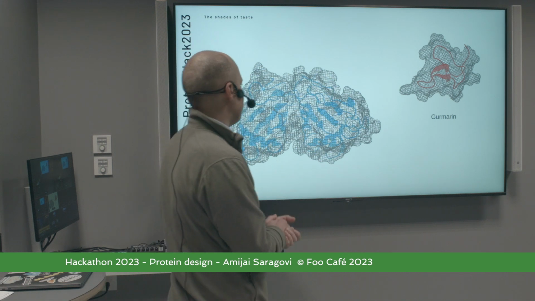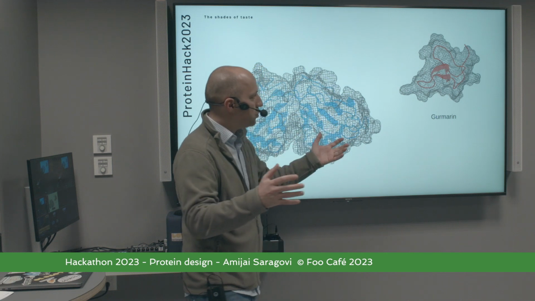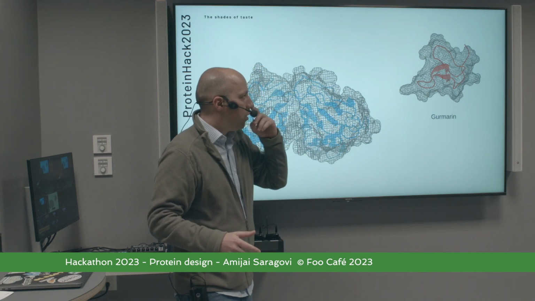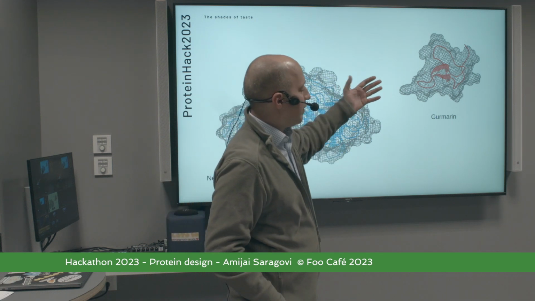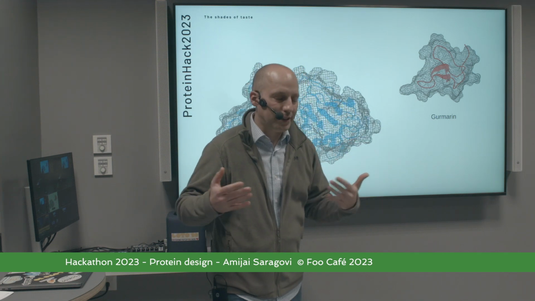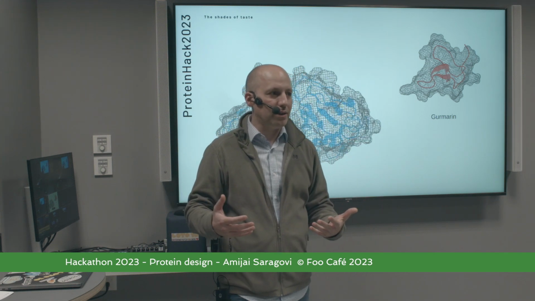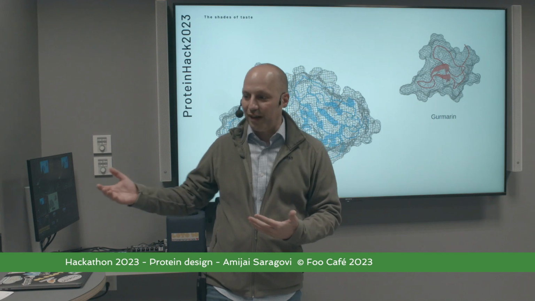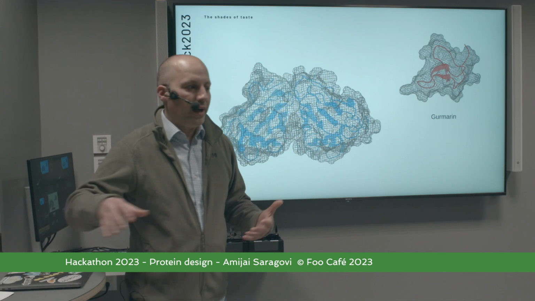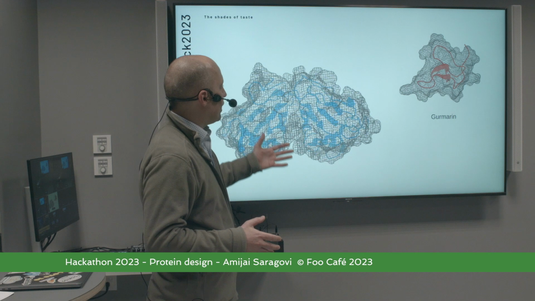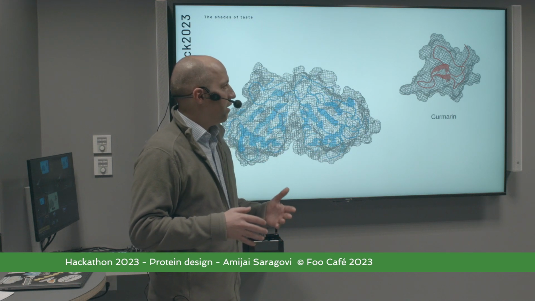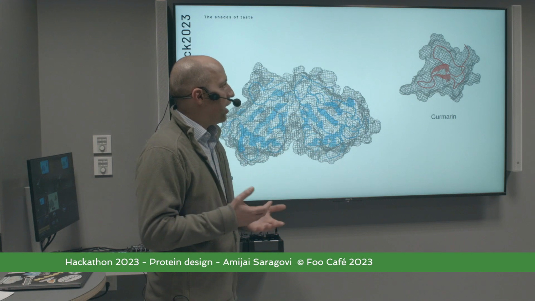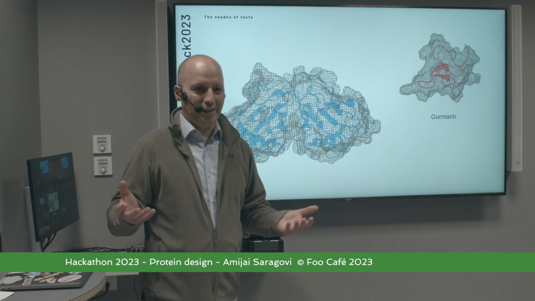So the idea in the first challenge is to work, and this is more an application of existing scripts, using existing scripts that will be available for you and the literature to try to design a protein that will interact with a receptor in an interesting way.